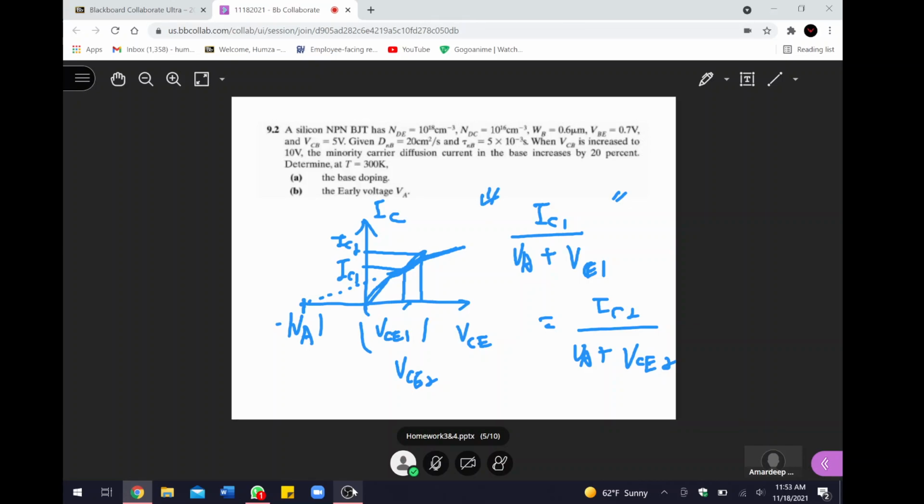Professor, is this VCE1 for the first equation? Yes, this VCE1. Okay. And then here there is a 20% increase, which means this is 1.2 times IC1. So from this formula you can calculate VA. This one is nothing much, just whether you can correctly formulate this equation.